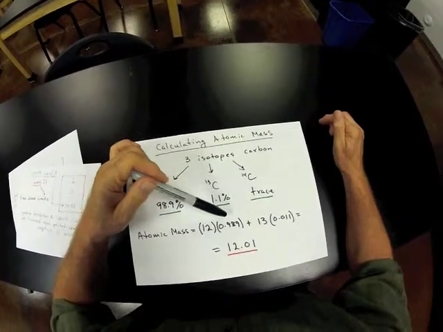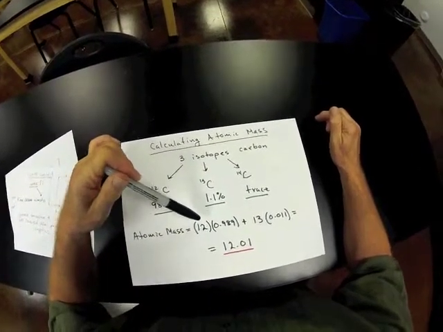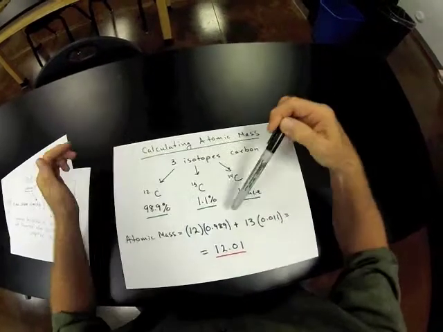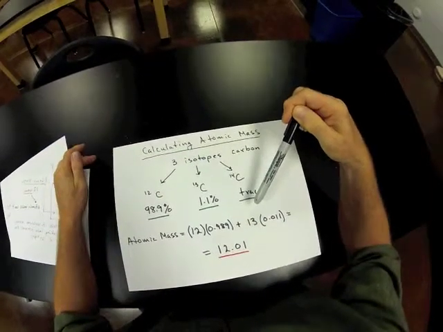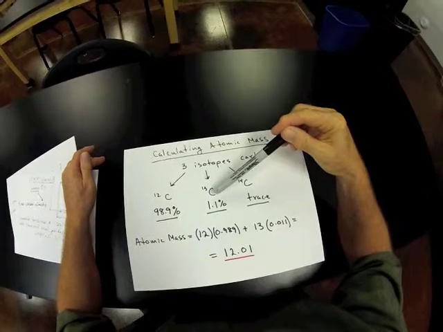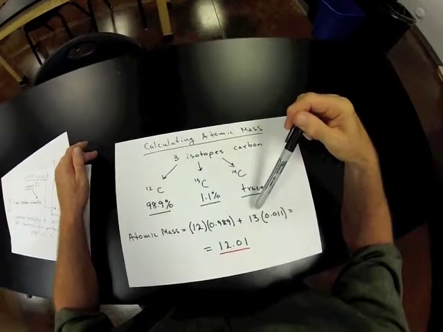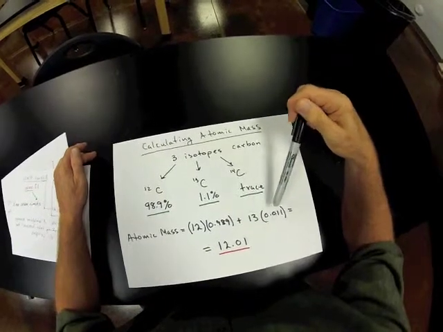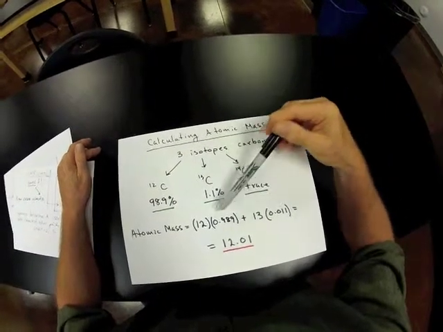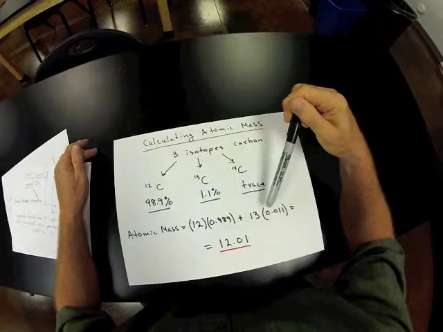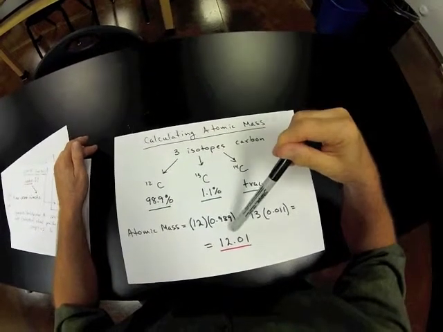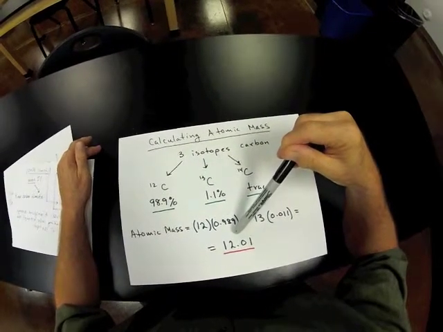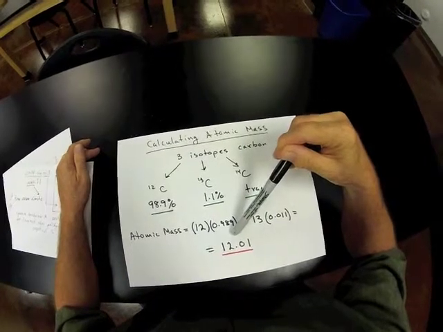So we're using the decimal percentage, multiplying by 12, and then we're going to add that to the amount of C13 found in the sample. Again, we utilize its mass, which is 13, and then we multiply by its abundance. The 2 numbers are then summed together to give the atomic mass of the total bulk material.